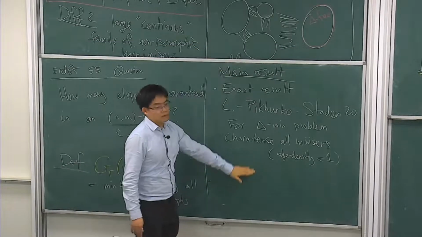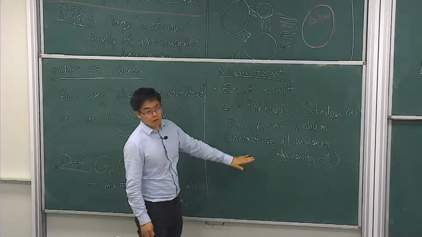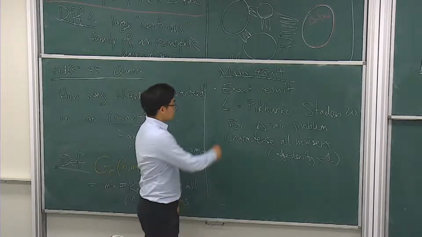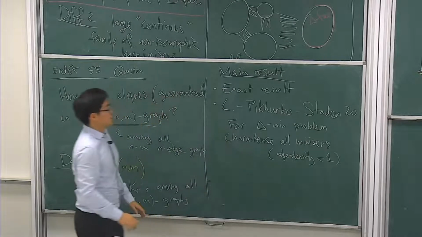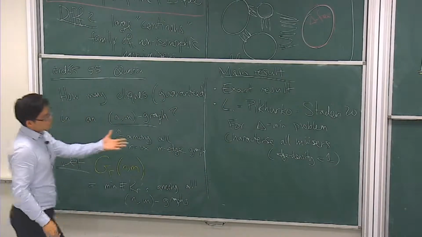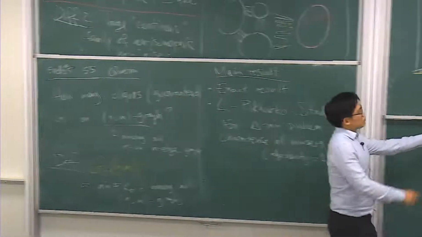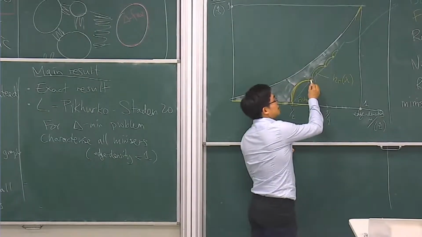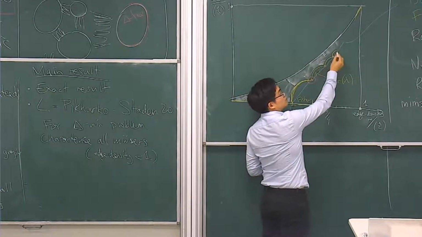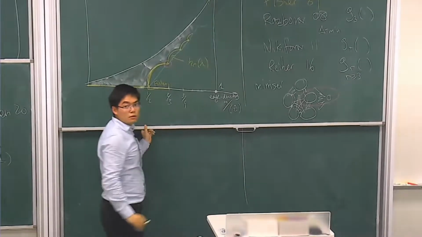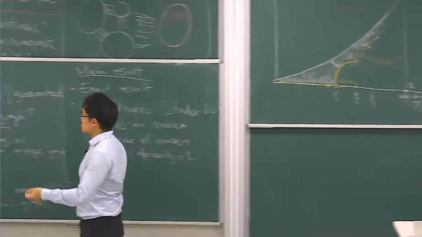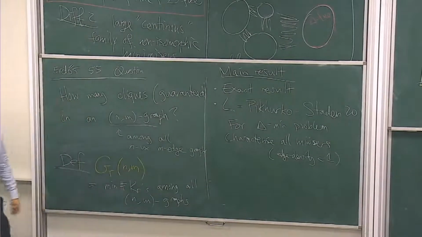Okay, there are several other families, but too technical to write down, so I'm going to skip it. So this is the first result about the exact results. Before this one, the only exact result we know is this tiny interval around each of the countably many points we have here. Okay, so that's basically measure 0 sets.